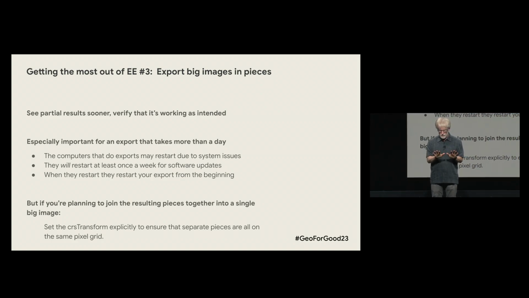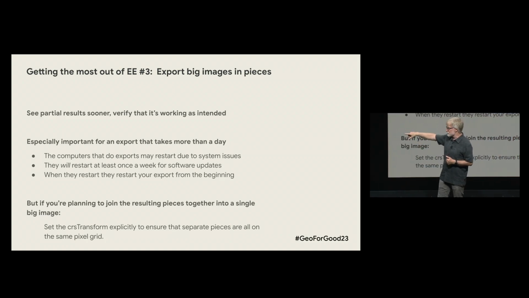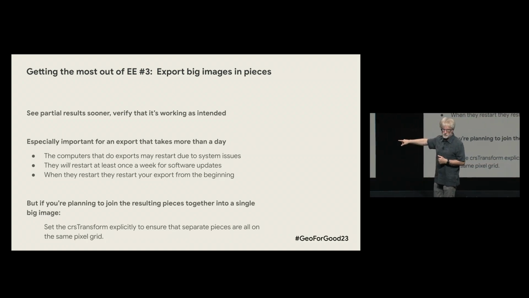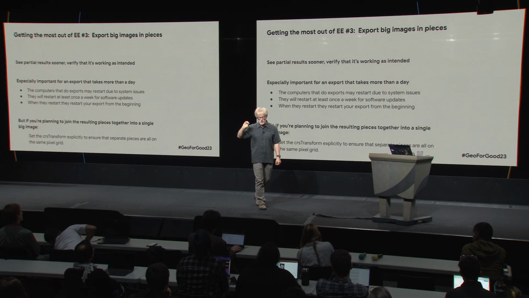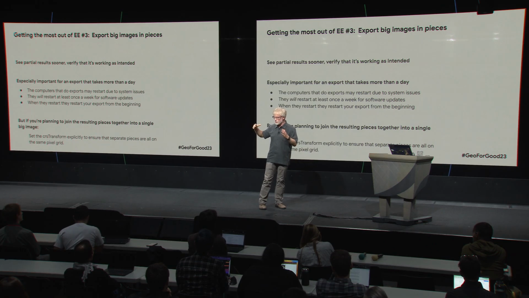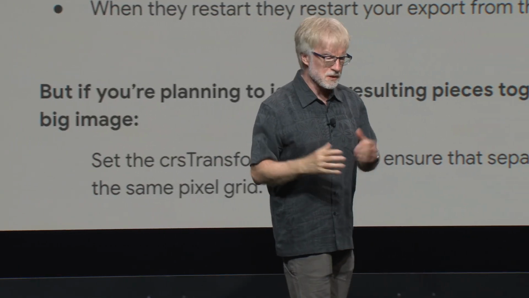Earth Engine will try to align the grid to match your export region, and that can sometimes mean that adjacent pieces are shifted by a fraction of a pixel, so they don't nicely join together. The way to avoid that is to use this CRS transform argument in your export, which lets you guarantee that all of the separate exports will all be on a single pixel grid, and you can reassemble them when you're done.